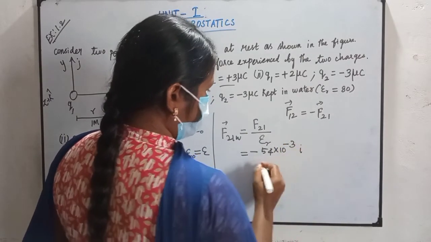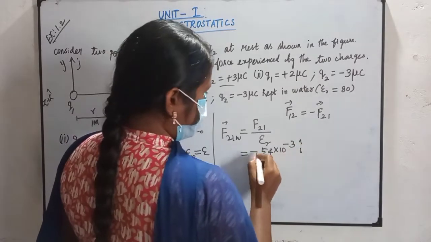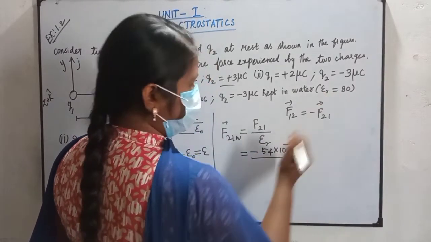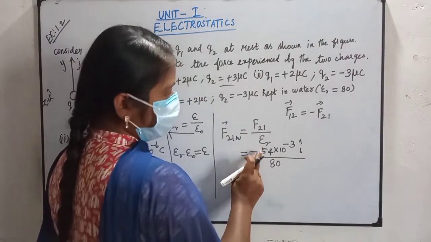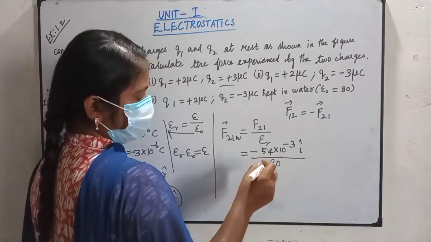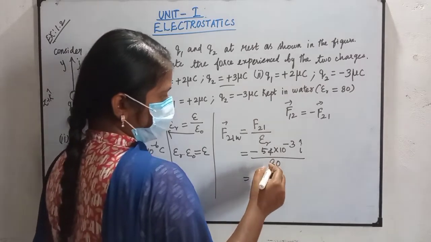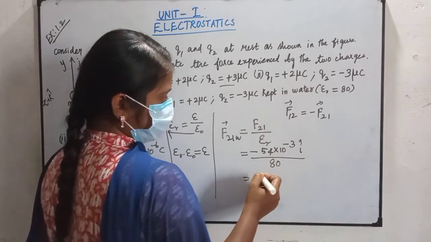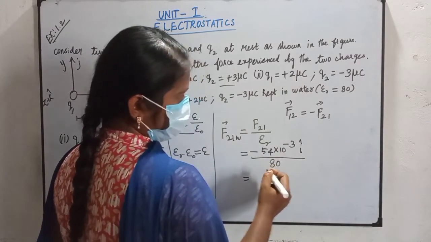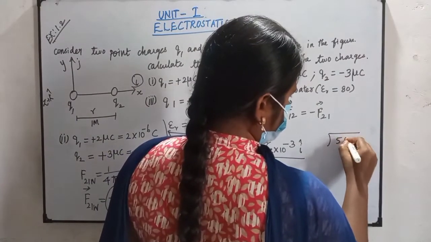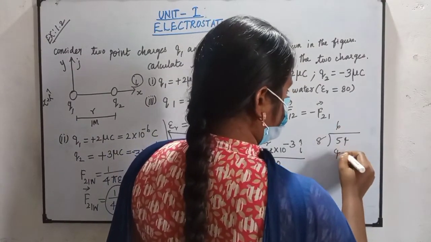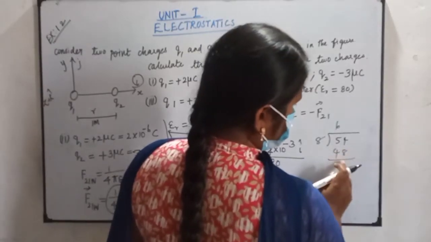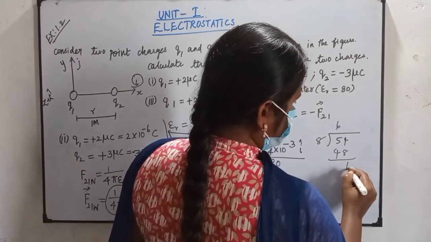Okay, so this is divided by epsilon r, whose value is 80. Now you do it. 8 times 6 is 48, so 54 divided by 80 leaves a remainder of 6.